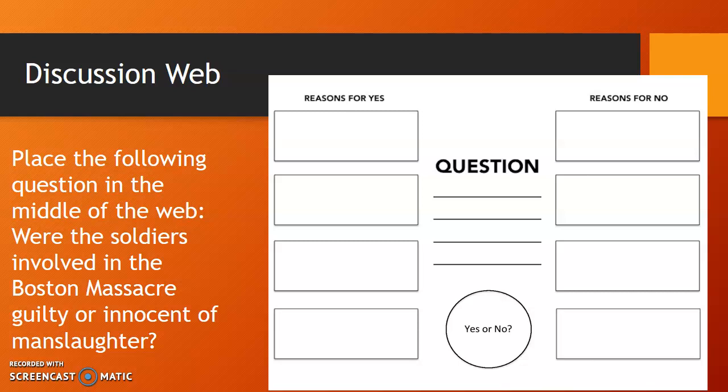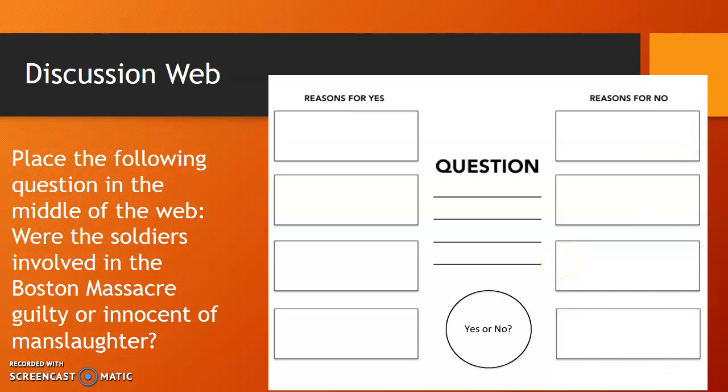After you finish reading and highlighting all of your information, I want you to go back, reread your passages for a second time, and fill in your reasoning for yes and your reasoning for no. You're going to fill in both sides of the discussion web, okay? So you're going to find 4 reasons for yes and 4 reasons for no and fill those in.